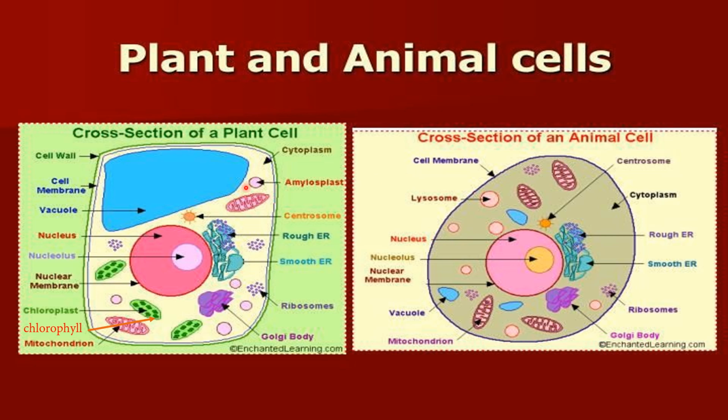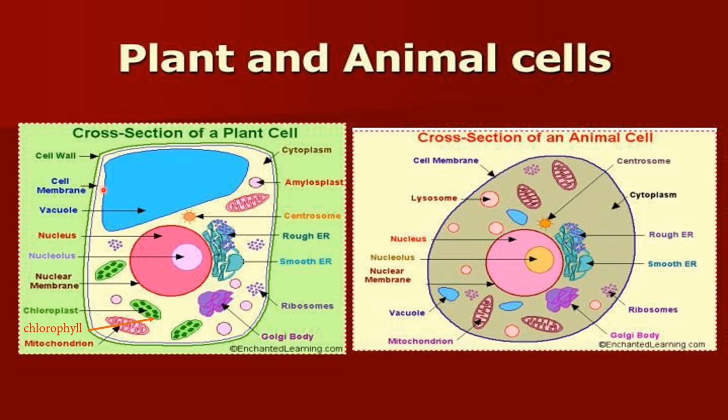This picture here tells us more about what is common and different between plant and animal cells. So first, let's discuss the shape. Here you can see the plant cell has a kind of rectangular shape, whereas an animal cell is kind of rounded.